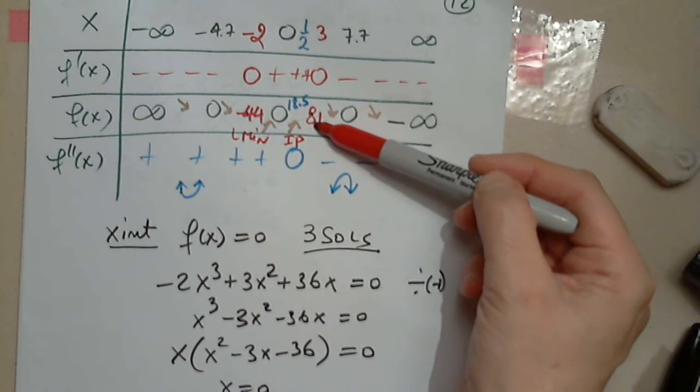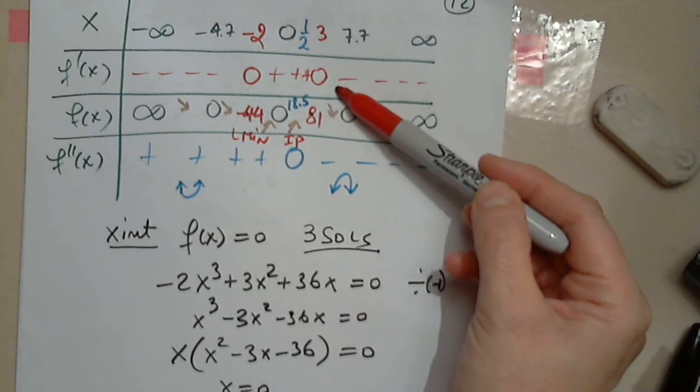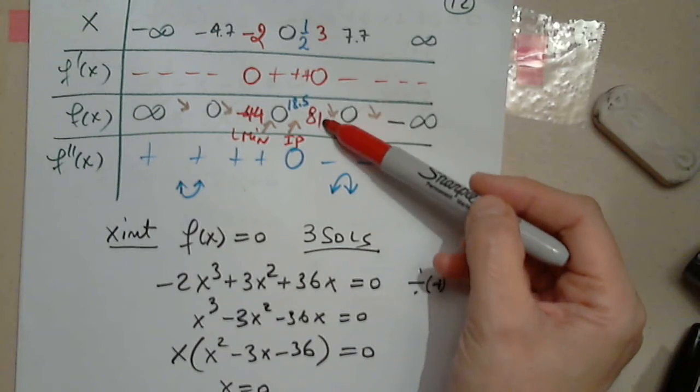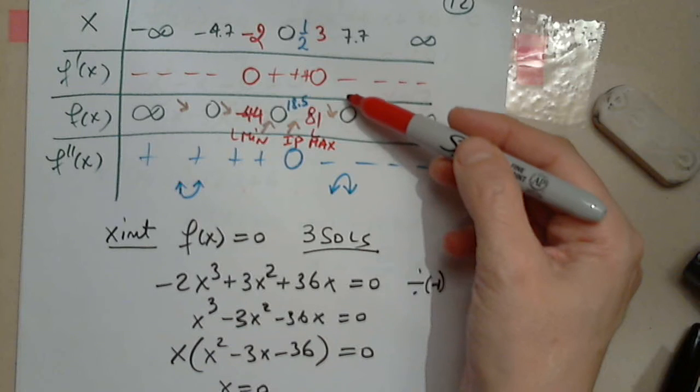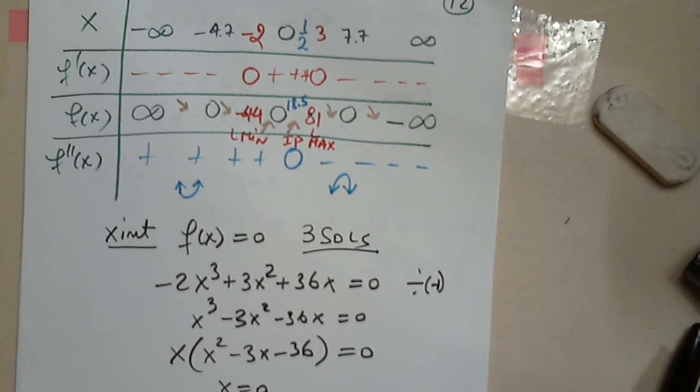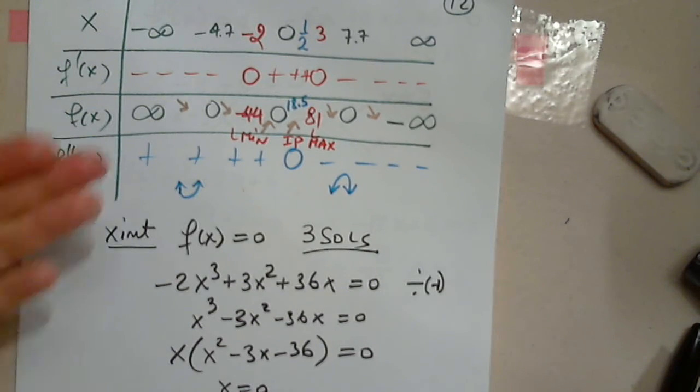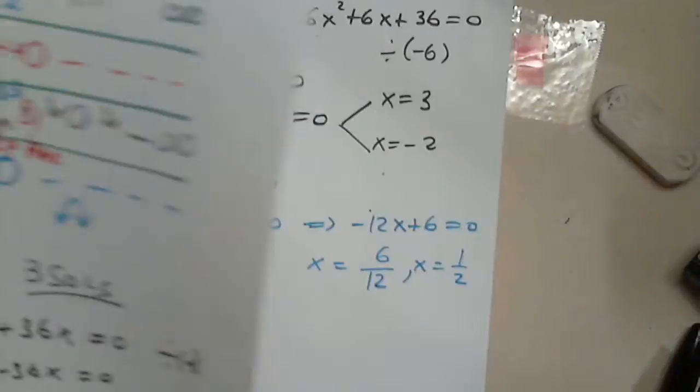Then 3, 81, because the first derivative changes sign from positive to negative, this is a local max. This is just an x-intercept. And we're done. Using everything, we are ready to graph.